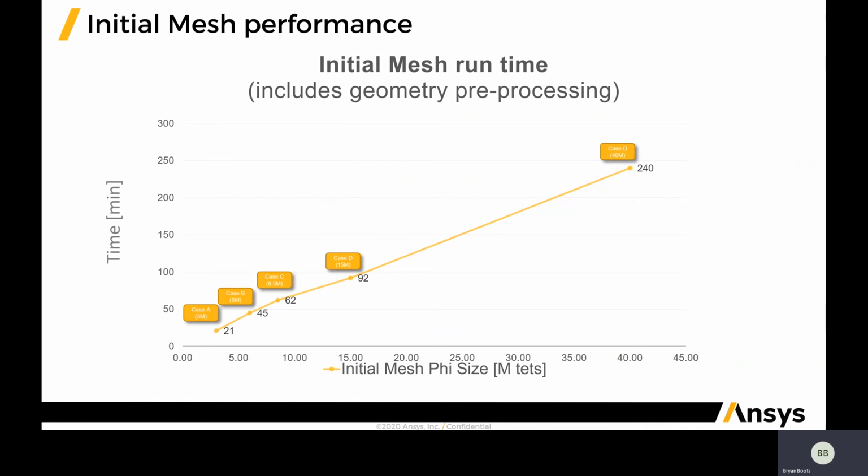And we're seeing over these 5 cases an order of magnitude span from 3 million tets, which was completely unaddressable in this domain as recent as 12 months ago, to 40 million tets for case D, which only in the last couple of months have we actually been able to mesh and solve. We're seeing linear growth in the time required to produce that initial mesh, which includes all the pre-processing. And that's pretty impressive from a software and R&D perspective.